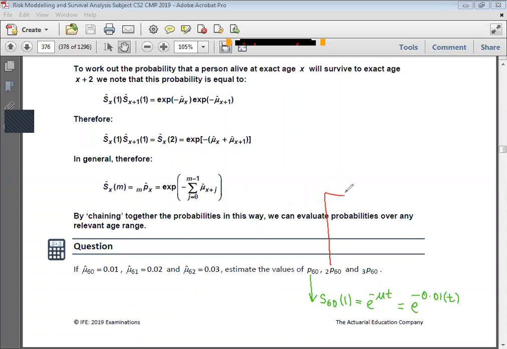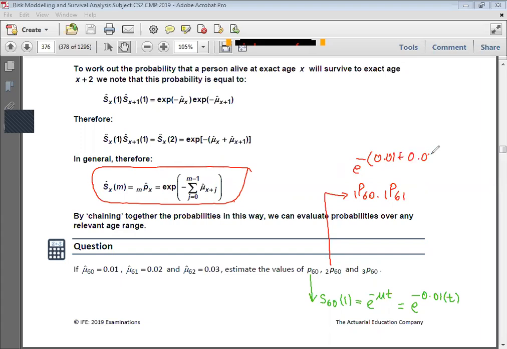And now I want you all to try to figure out this particular value. We have already studied this. So we can again split this as 1P60 times 1P61. And you can figure this thing out. Or you can try to use the formula that we studied here. So if you try to use this, what you will get for this particular guy is e raised to minus of 0.01 plus 0.02.